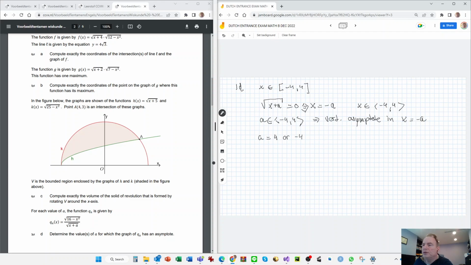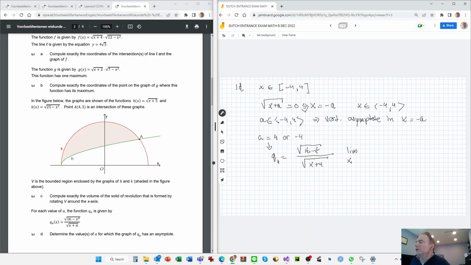So we would need to have a look at that. So let's look at this case. Then q_4 is square root of 16 minus x squared divided by square root of x plus 4.